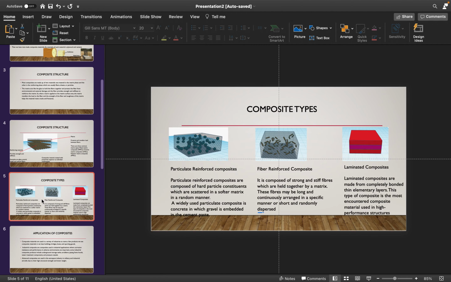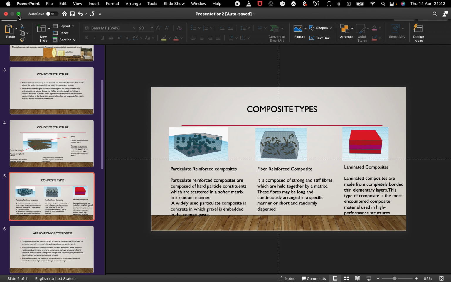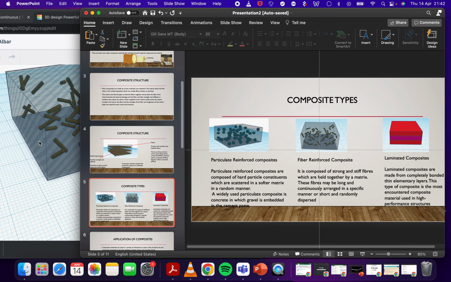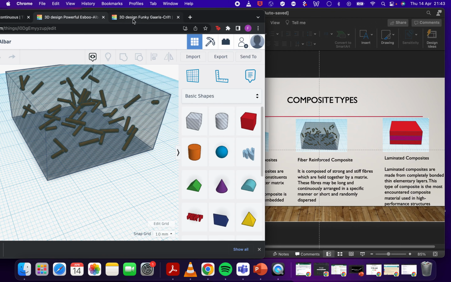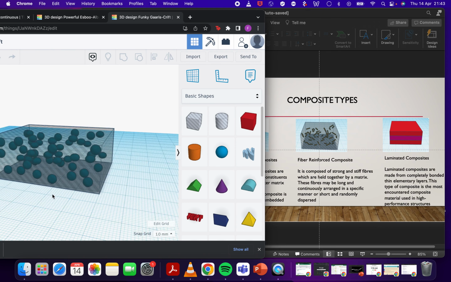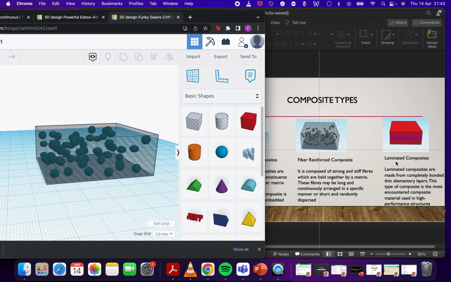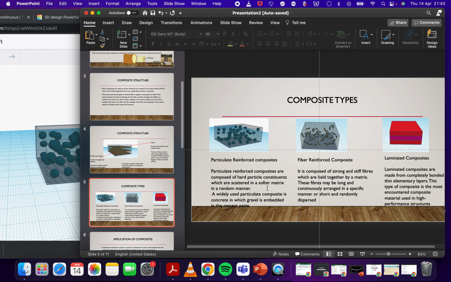And just to talk more on the composite structures, as well as having different materials, you can make your composite structure in different ways. So you can have particulate reinforced composites, which are made of hard particle constituents scattered in a soft matrix. A very good example of this is concrete, which is gravel embedded in cement paste.